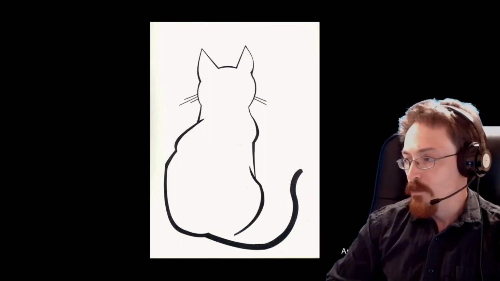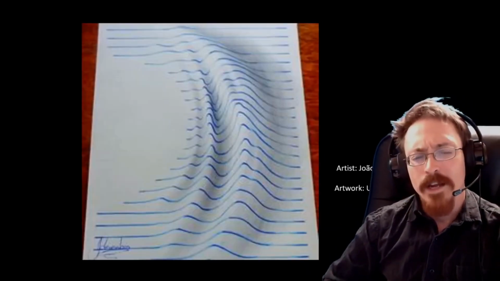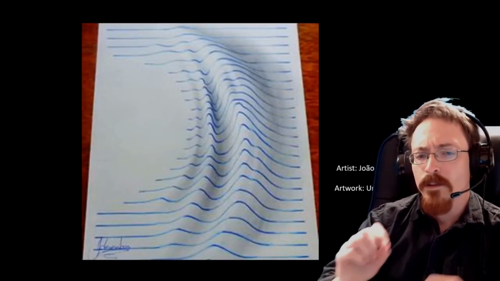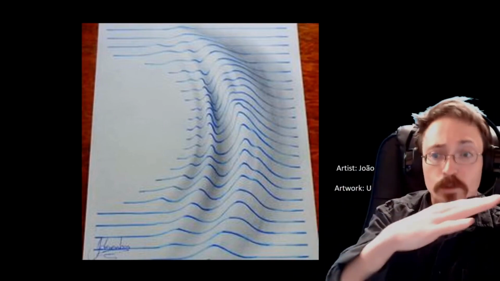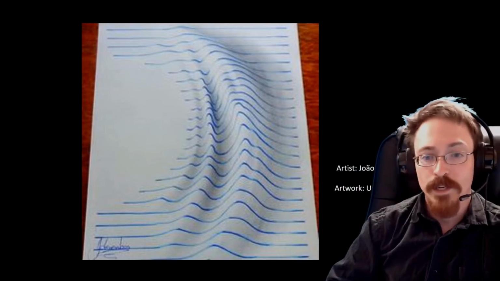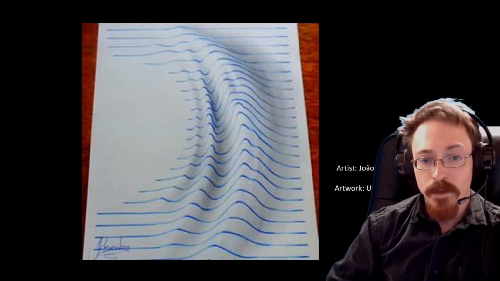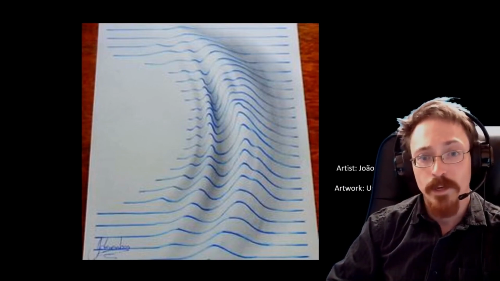And the final image I want to show you is how line placement and how line thickness can actually give you the illusion that something is moving. So in this image right here, this is a flat piece of paper. It's not rippled, it's not curved in any way.